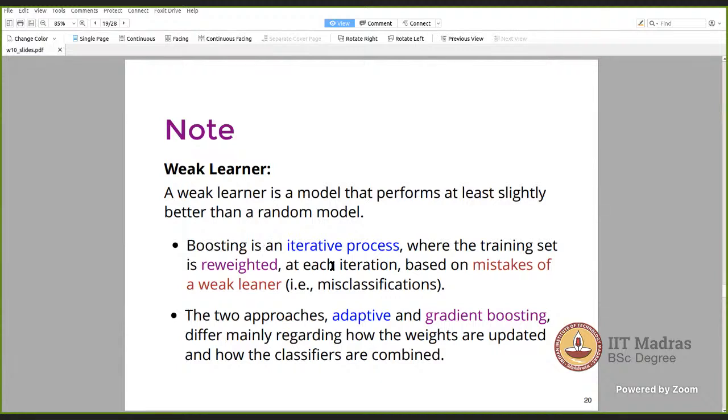Now, boosting is an iterative process, right? Because it is sequential, and the training set is reweighted, based on the mistakes of the previous one. How it is reweighted, we'll see. Now, in boosting, there are various techniques. We are focusing on gradient boosting and AdaBoost.